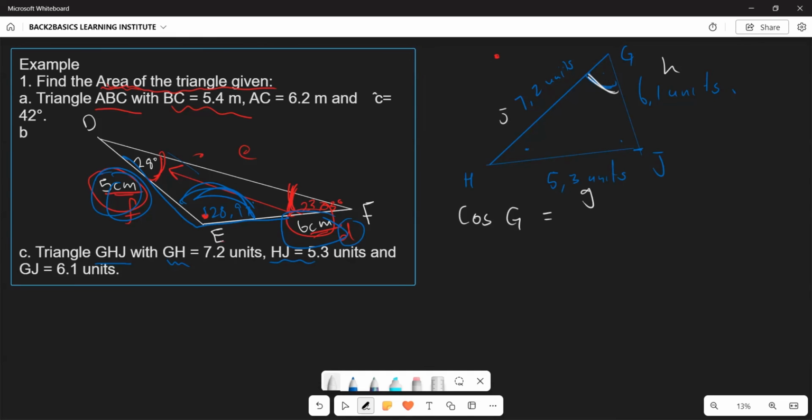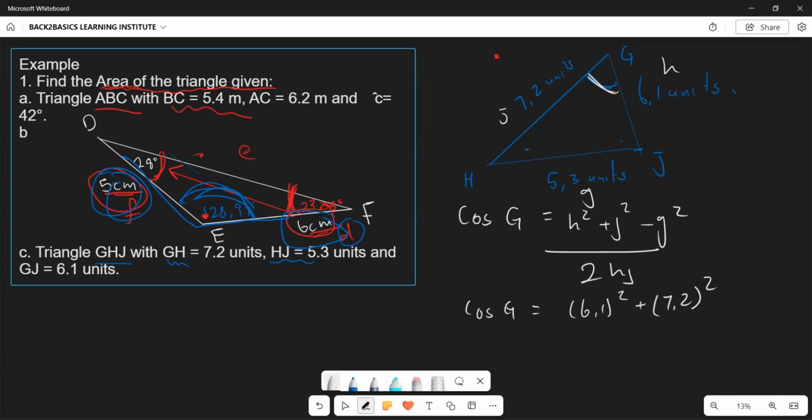So the formula here is going to be H squared plus J squared subtract G squared over 2HJ, isn't it so? Then your cos of G is going to be given by 6.1 squared plus 7.2 squared subtract 5.3 squared over 2 multiplied by 6.1 multiplied by 7.2.